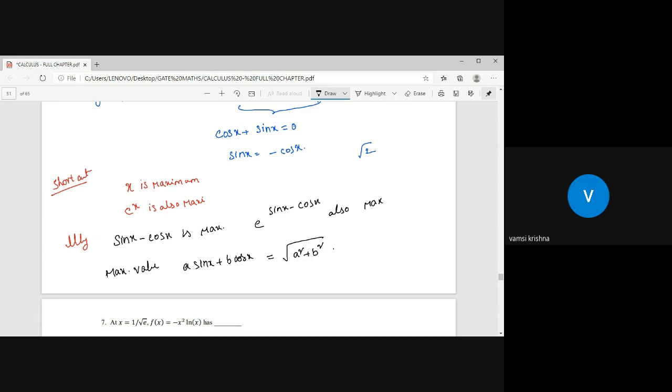In the same way, in the given question, a is 1 and b is minus 1, so it is the square root of 1 square plus minus 1 whole square, which is root 2. The maximum value is root 2, and at this point it can be maximum. So the maximum value of the function will be e power root 2.